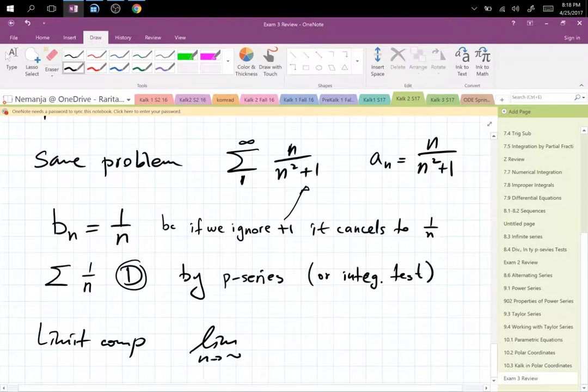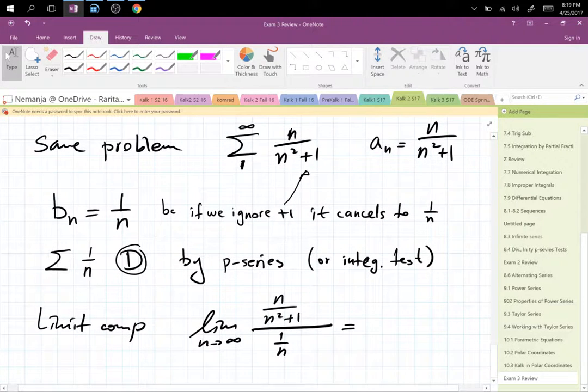Limit as n goes to infinity. Boom. Original problem, n over n squared plus 1, divided by 1 over n. If the limit is finite, both series do the same thing. So what do I get here? I get the limit of n squared divided by n squared plus 1, and that limit is 1.